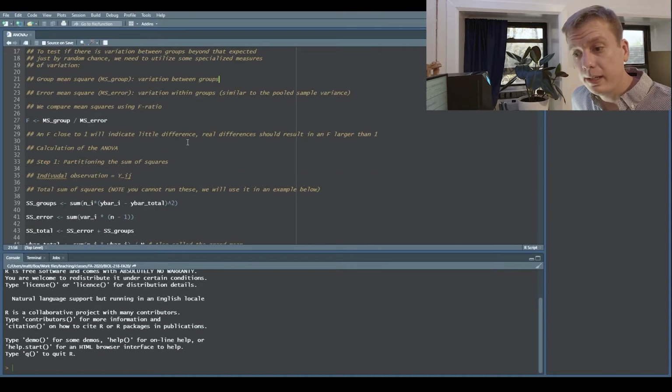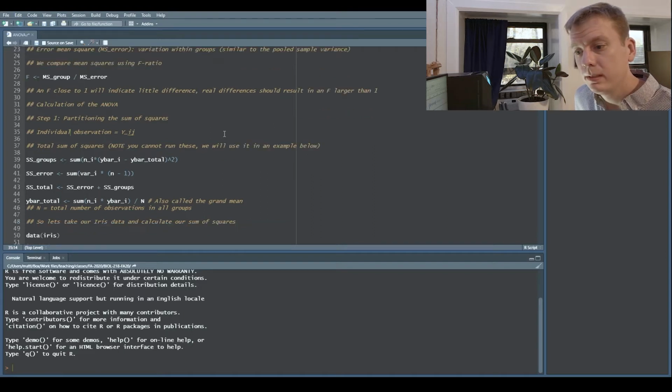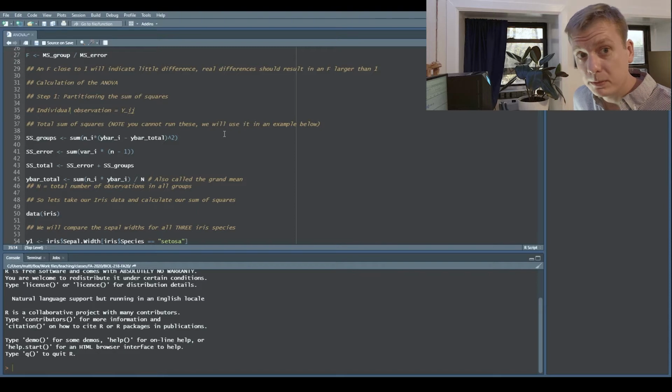So let's take a look at the calculation of ANOVA, because it can get quite complicated. The first thing we need to do is partition the sum of squares. And we can think of individual observations from each group as y sub ij. It's an observation of individual i in group j. The total sum of squares is the combination of the sum of squares of the groups and the sum of squares of the error.